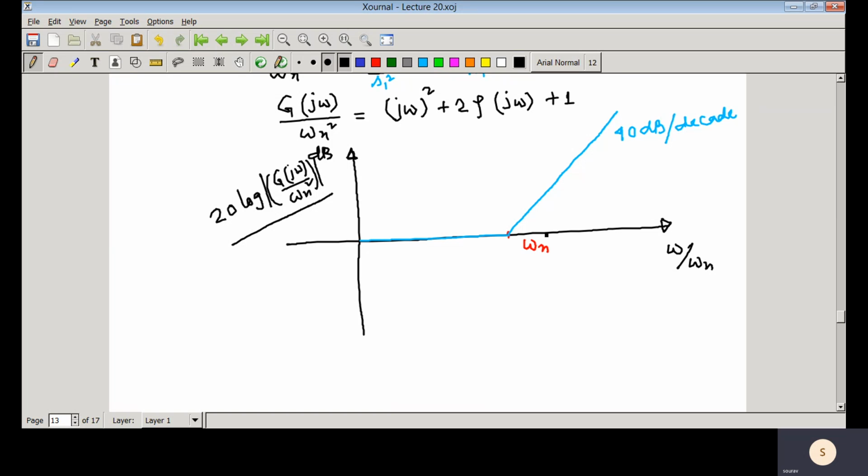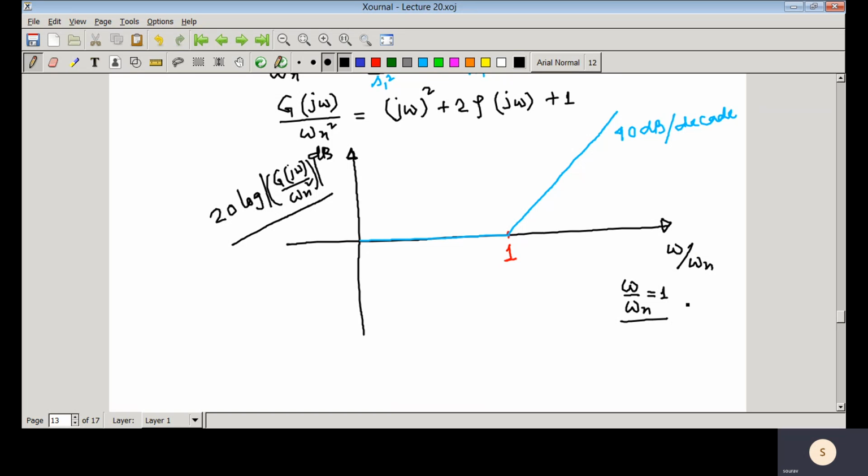And here the natural frequency, that corner frequency, would be 1. We have already discussed, because if ω by ω_n equal to 1, then ω equal to ω_n is the corner frequency.